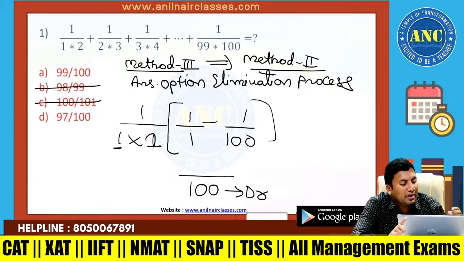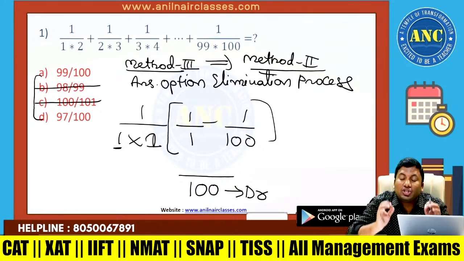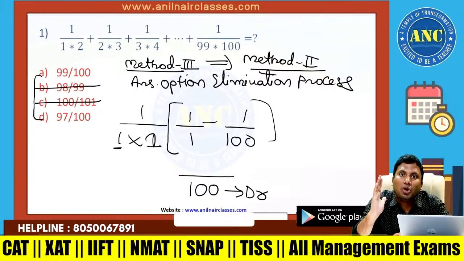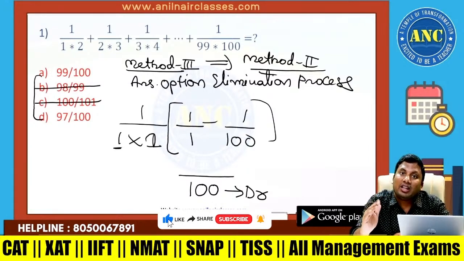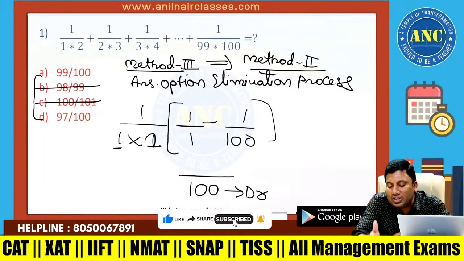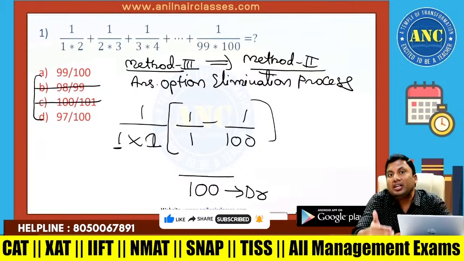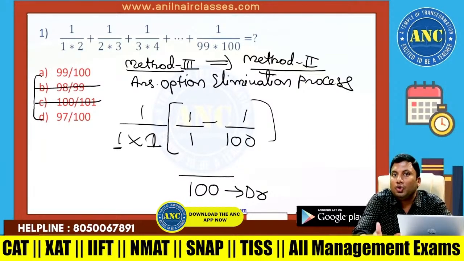So we are stuck between 99 by 100 and 97 by 100. Just by looking at the question itself, you are able to eliminate 2 options out of 4. That means 50% of options are removed, and only 1 of the 2 is right. Just by understanding how to eliminate answer options, you cut it down to only 2 options.